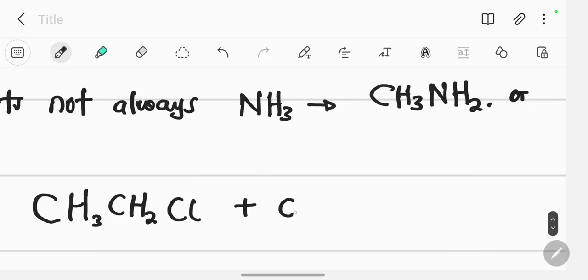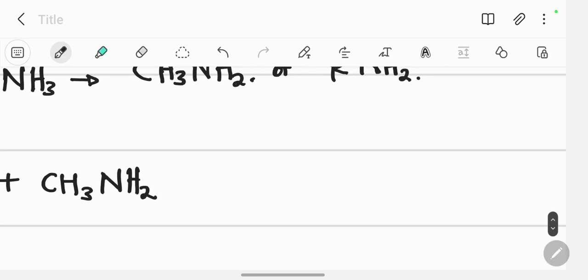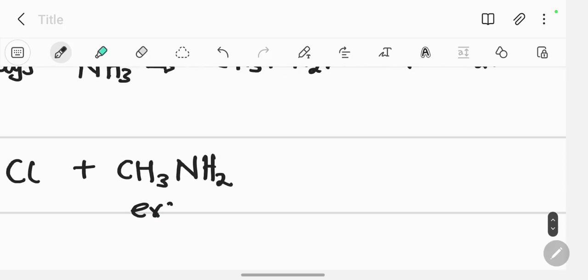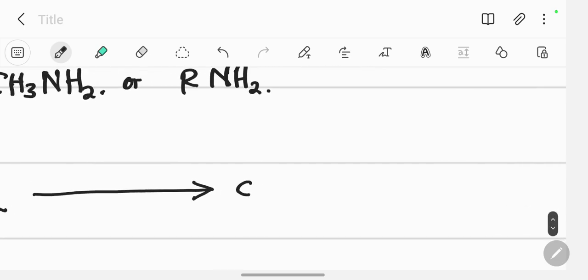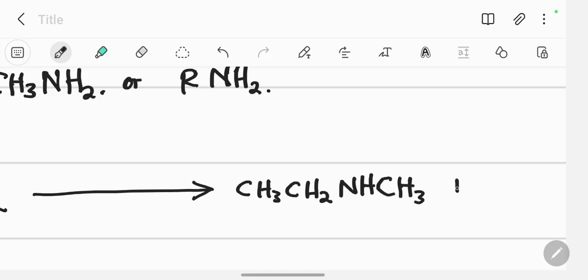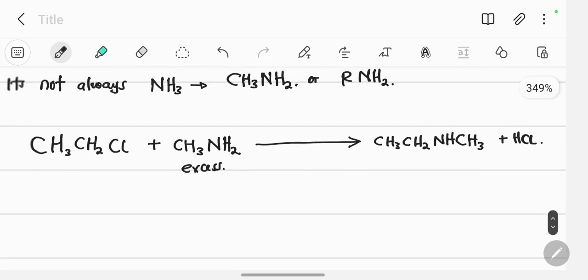When I add in CH3 NH2 as my primary amine, so this one is in excess, I'm going to form CH3, CH2, our amine, hydrogen, CH3 plus HCl.